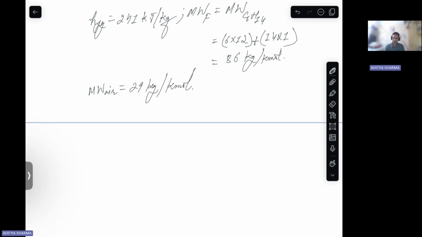the mass burning rate. What is this? This is 4 pi Kg Rs, this we know.